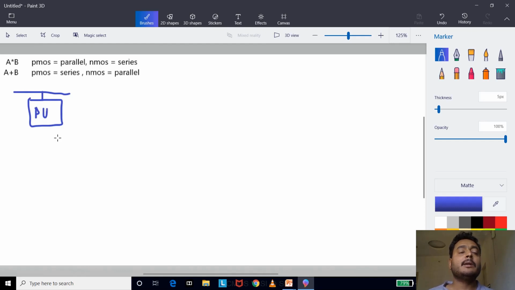Similarly, you have another network called the pull-down network, and as usual this will be connected to ground, and here you take your output. So this is the general structure for any CMOS circuit. You will have a network of PMOS devices for pull up, and a network of NMOS devices for the pull-down network.